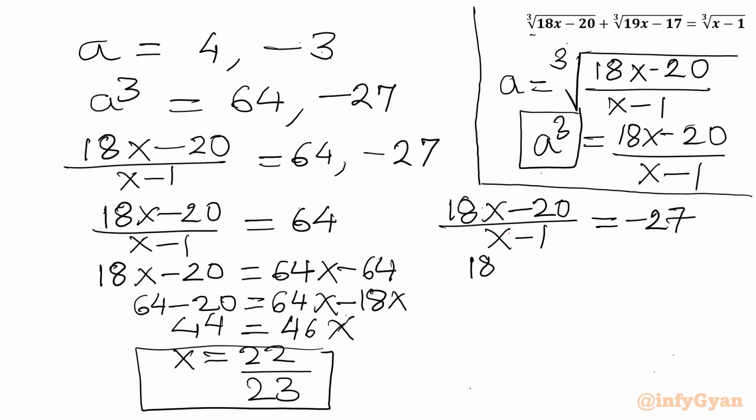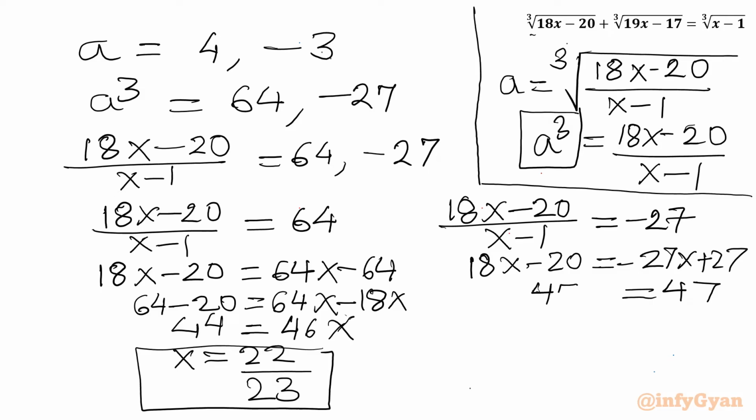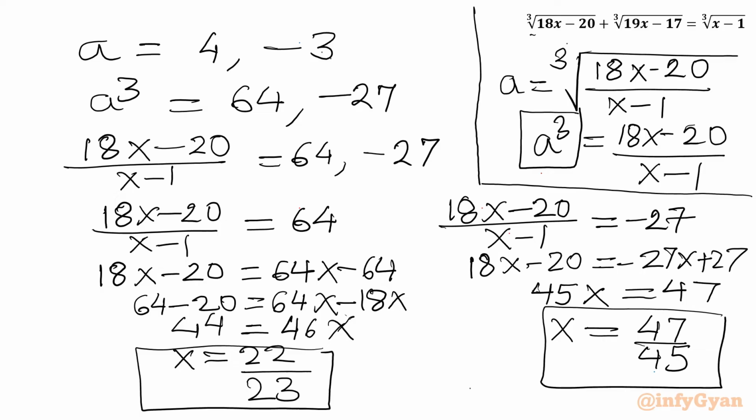Now here I will write 18x minus 20 equal to minus 27x plus 27. So the right hand side would be 20 plus 27, 47, and the left hand side would be 45x. So x will come out 47 over 45. So we have two real solutions, 22 over 23 and 47 over 45.